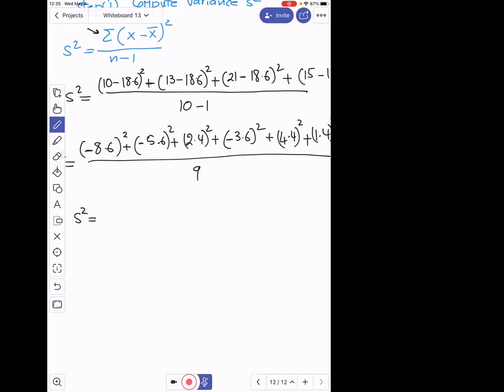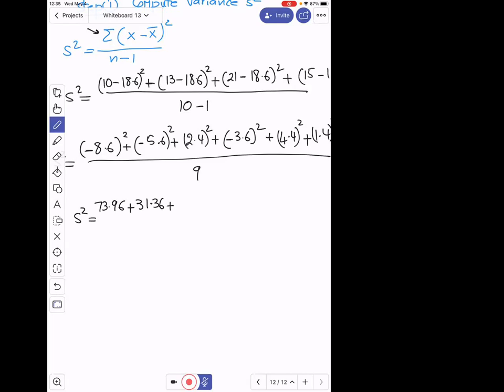So for negative 8.6 squared, that will be positive 73.96, okay? And then you have 5.6 squared, which is equal to 31.36.